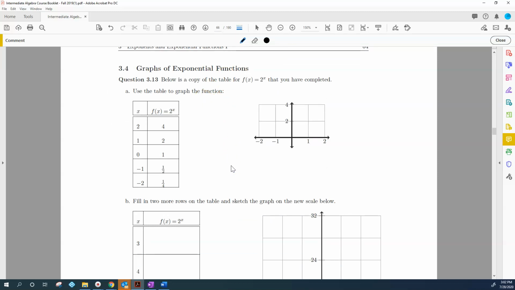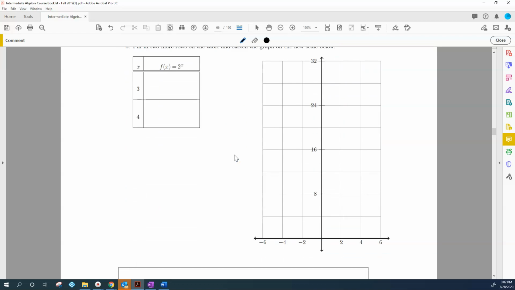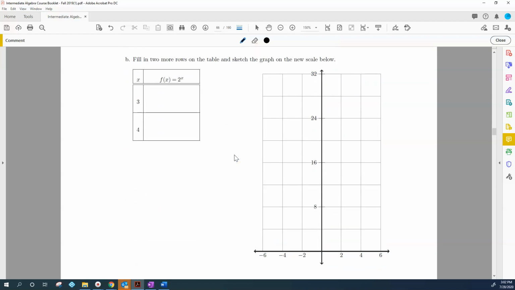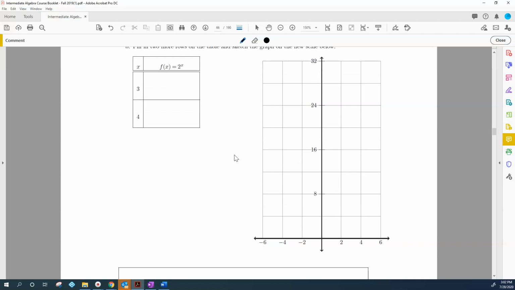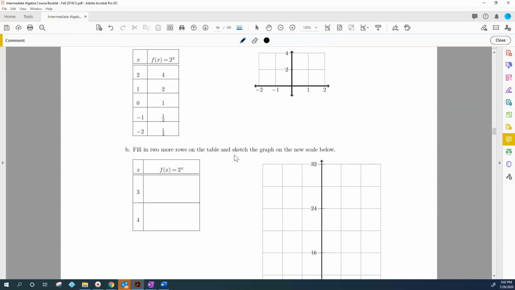Okay, so one of the big things it's going to ask you to do on here is graph these things. I didn't want you to have to do the smaller one, so let's just do all of these down here. Just make a little graph.